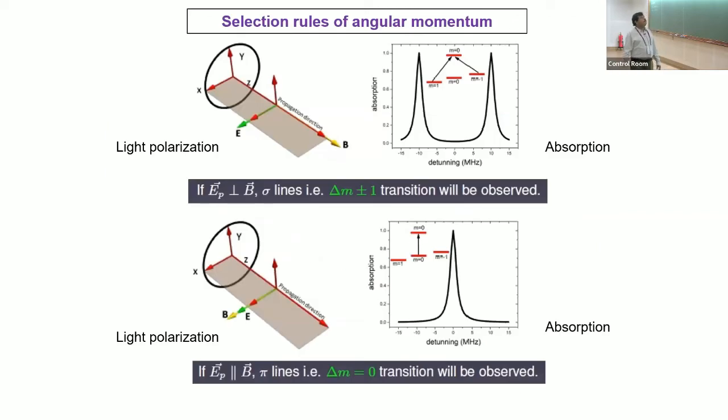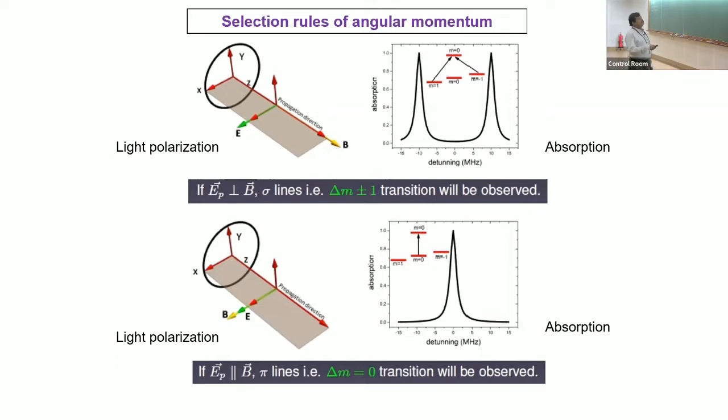So we start with the selection rules of angular momentum, which you all have studied during your MSc. If the magnetic field, that is your quantization axis, and the electric field of the light polarization are perpendicular to each other, then in the Zeeman splitting you only see the sigma lines.